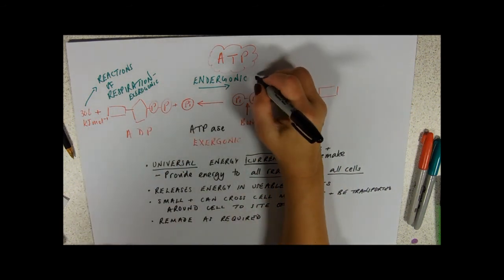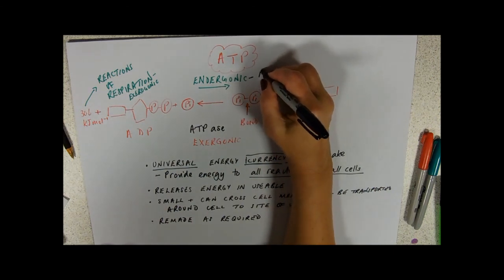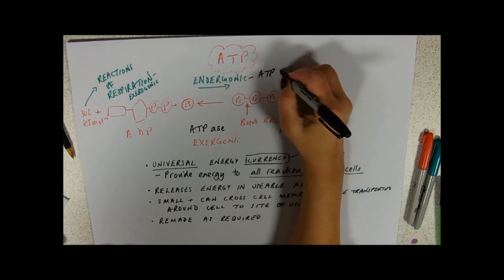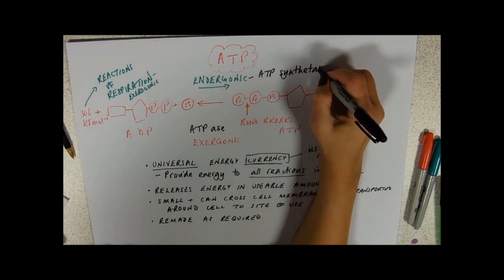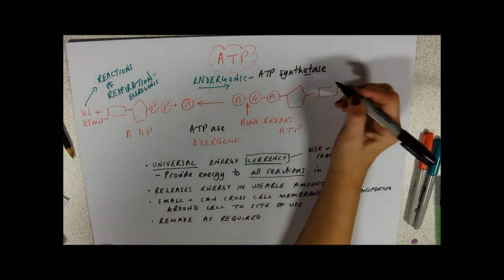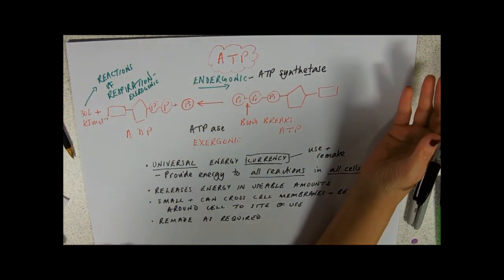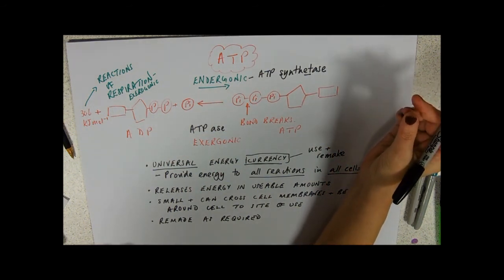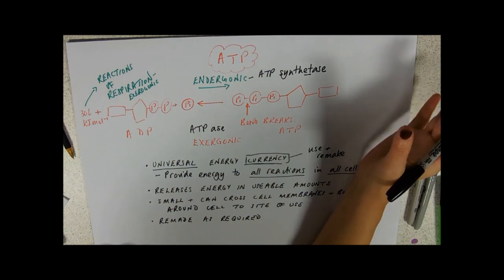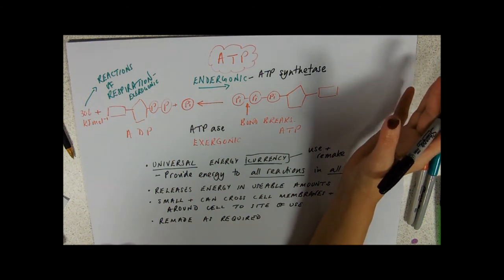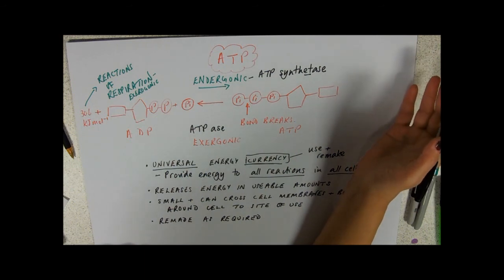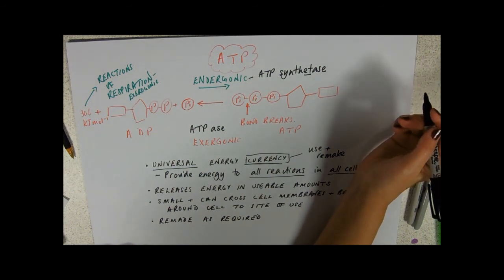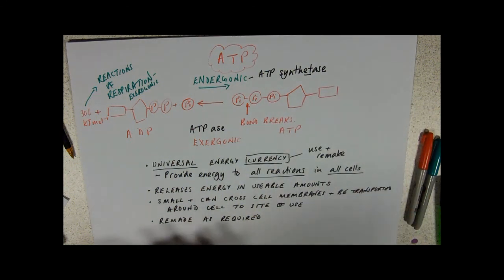If we're making it, we're going to use the enzyme ATP synthase. Now, when you're watching American videos, they'll call this ATP synthase. The WJEC and therefore Eduqas are really quite insistent that it's ATP synthase, so you really need to remember to put that synthase in.